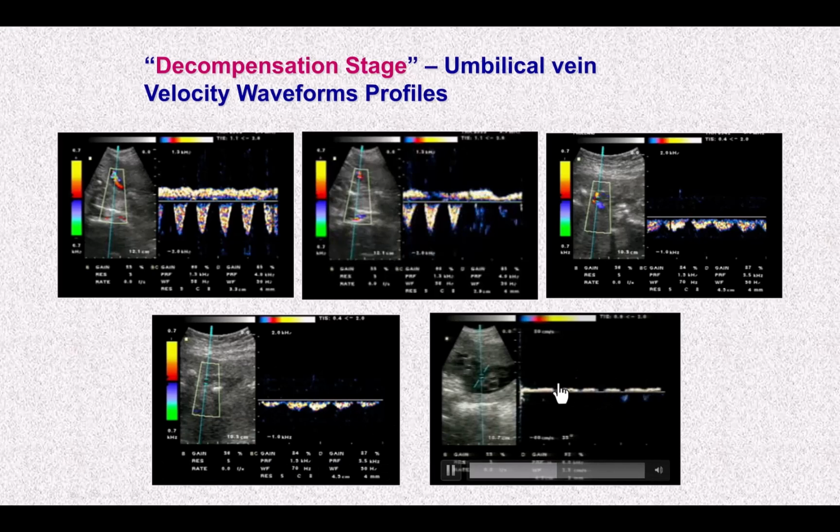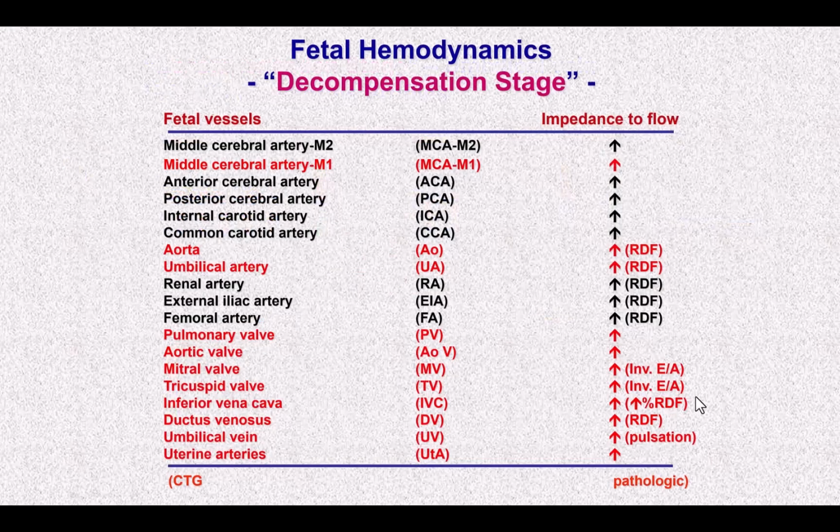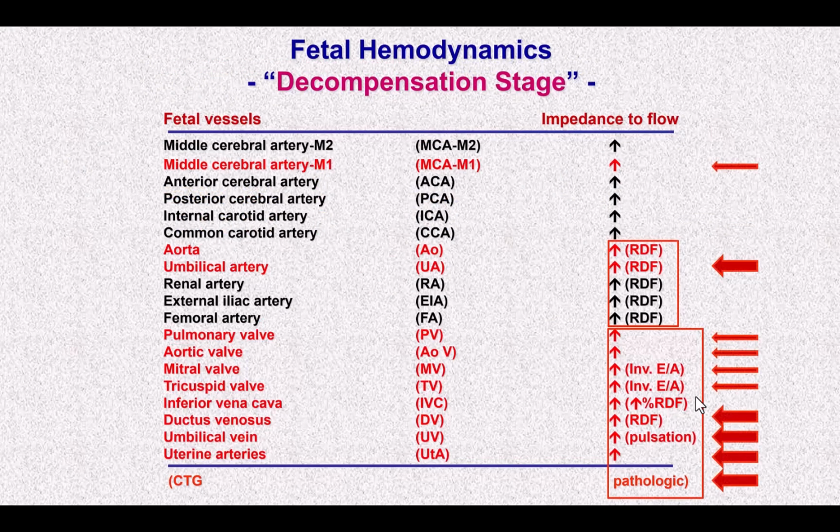So the meaning is that there is no blood circulating in the umbilical vein, and the fetus is going to die. So here you can see the scheme of this stage that possibly we should avoid, in order to prevent fetal compromise and, in this stage, also fetal death.